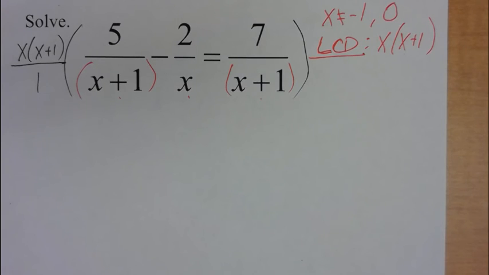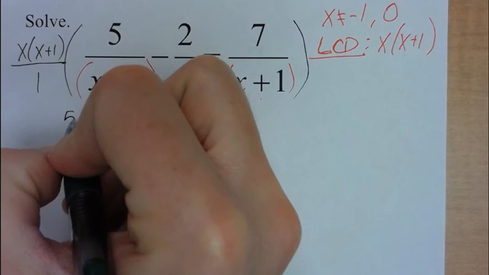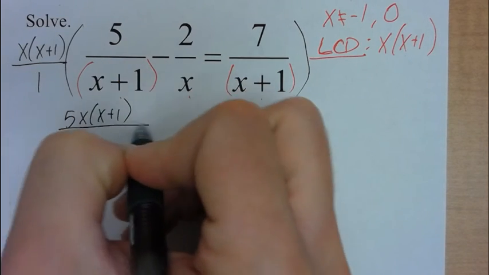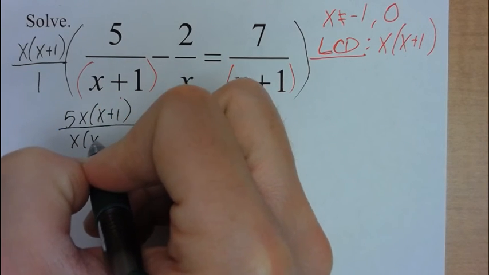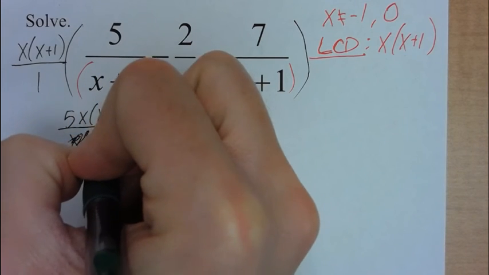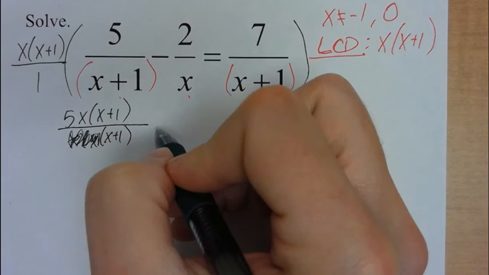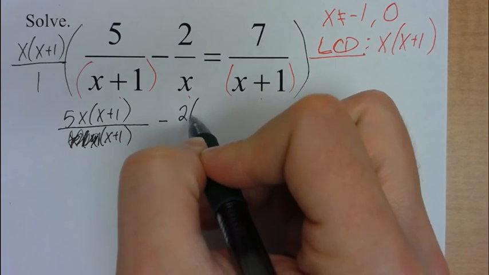And let's continue on. So we have 5 times x plus 1 over what we started with here, over x plus 1 minus 2.